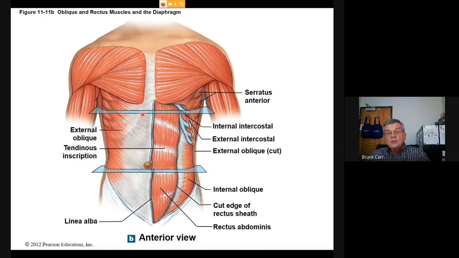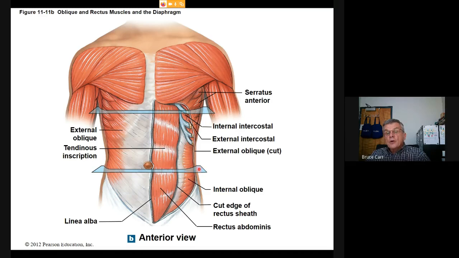The rib cage is curling down in this position and supporting the thorax, but the abdomen is supported by soft tissue. So the internal obliques, you'll notice, are running almost horizontally around the body. The rectus abdominis is at right angles to that.